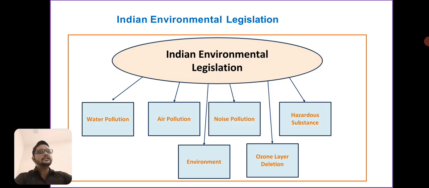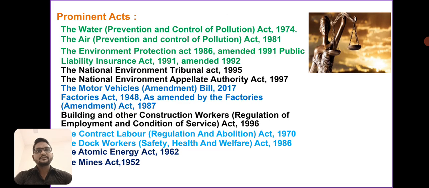Now, in Indian environmental legislation, there are laws on water pollution, air pollution, noise pollution, hazardous substances, and environment and ozone layer depletion. Next are the prominent acts, like the Water Prevention Act, the Air Prevention and Control of Pollution Act, and the Environmental Protection Act.